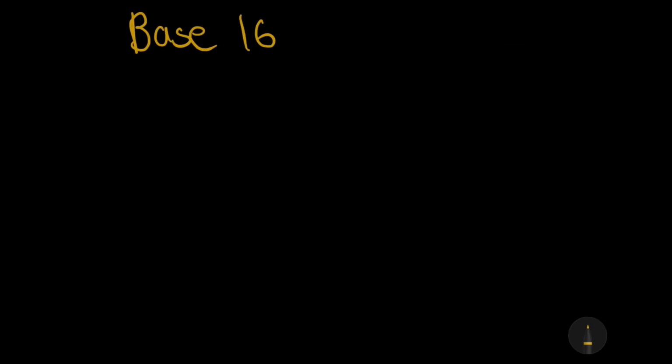The second base we're going to talk about is base 16, also known as hexadecimal, which I will not be writing out fully. What hexadecimal is used for is links, like when you click on a link like a YouTube video or a random Facebook post.